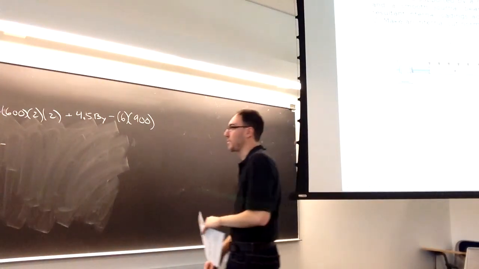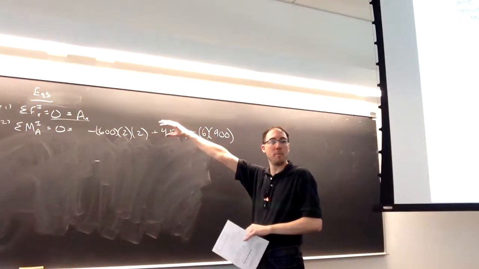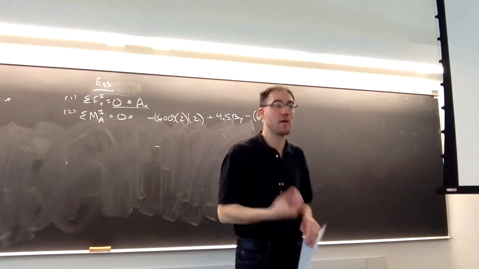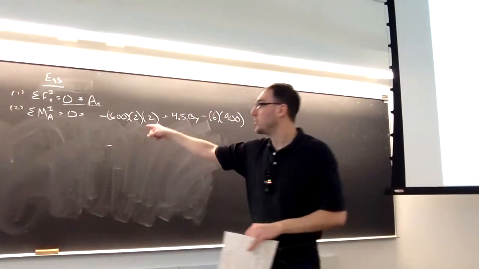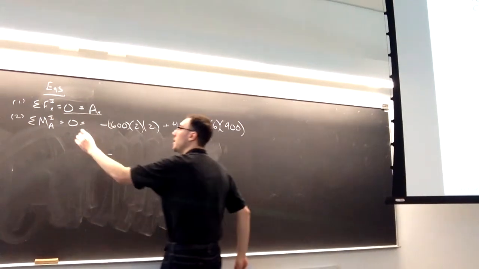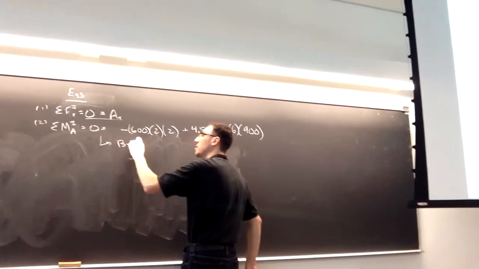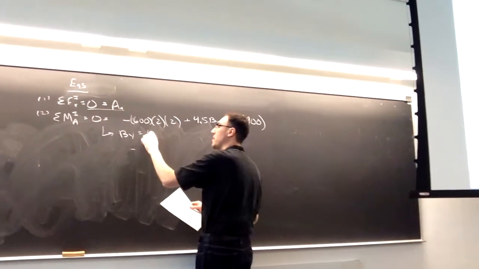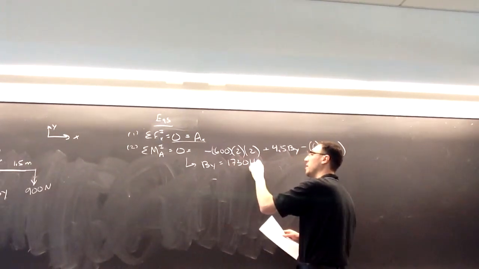I'll write it out here explicitly. All right, so this is the total moment around A. AX and AY do not contribute to the moment around A since their moment arm is 0. So by taking the moment around A, the only unknown we have is BY. So we can solve that BY is going to be 1730 newtons.